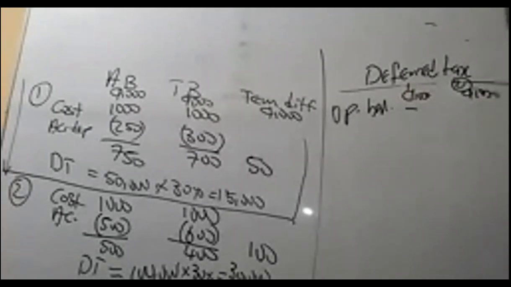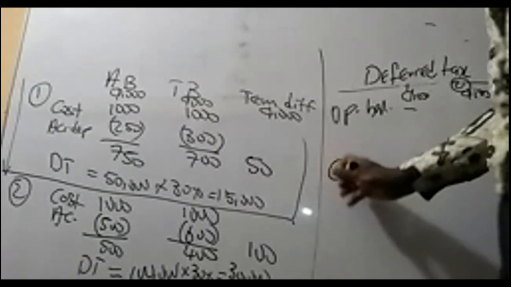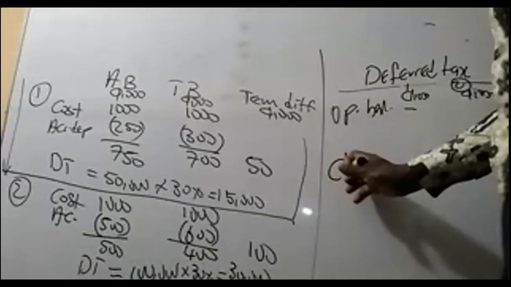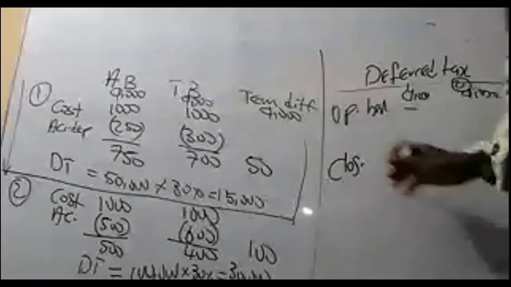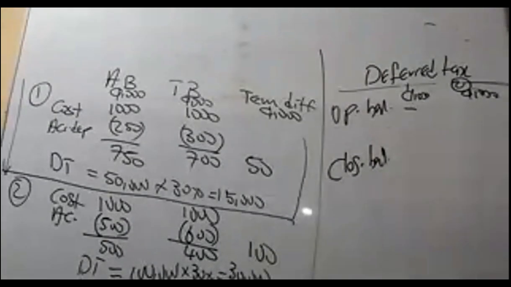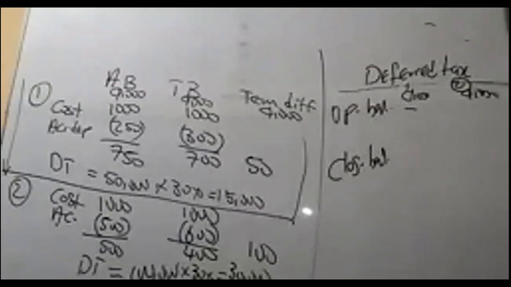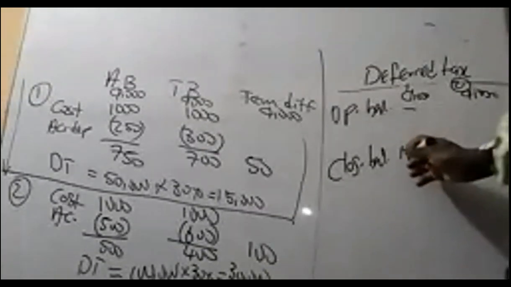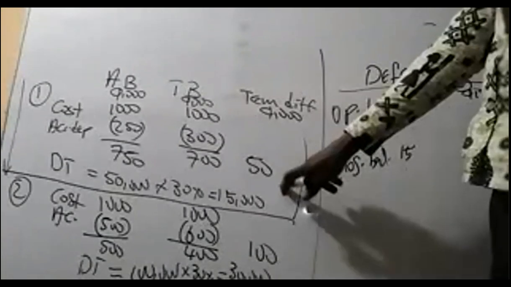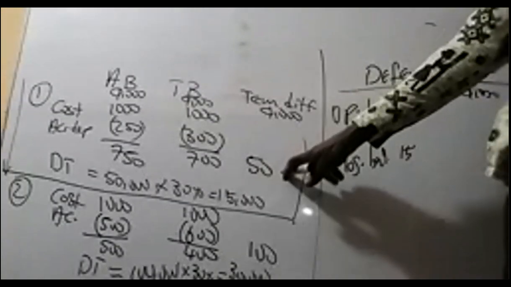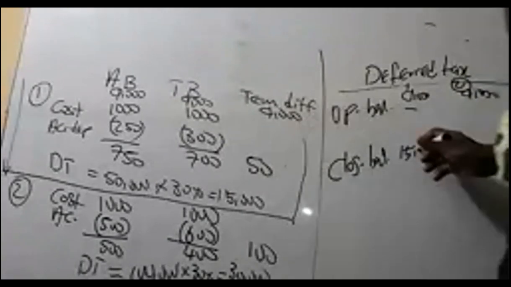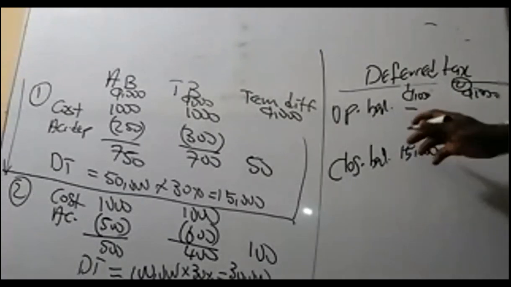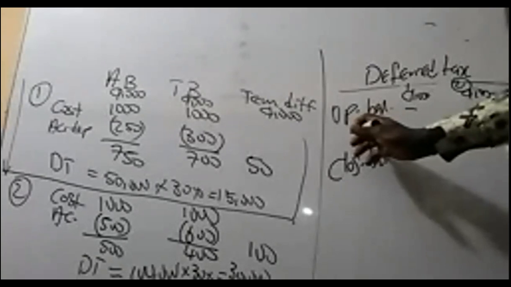Closing balance is 15,000 because temporal difference was at the end of year 1, 15,000. So what's the movement? It was 15,000, the difference.